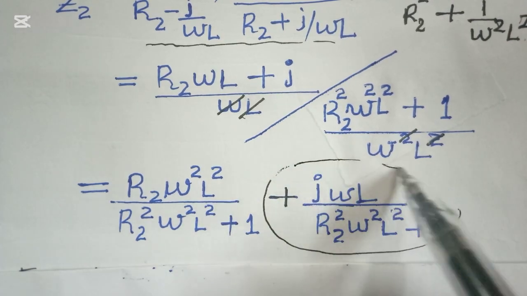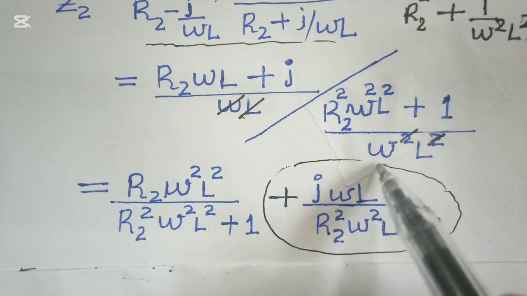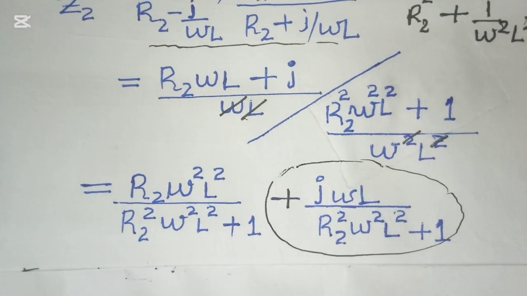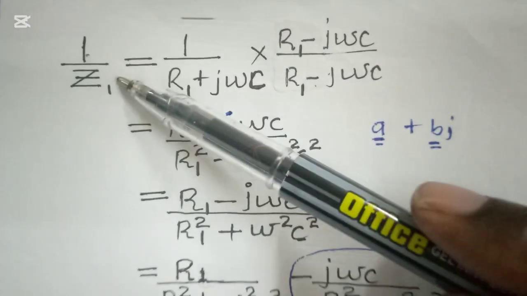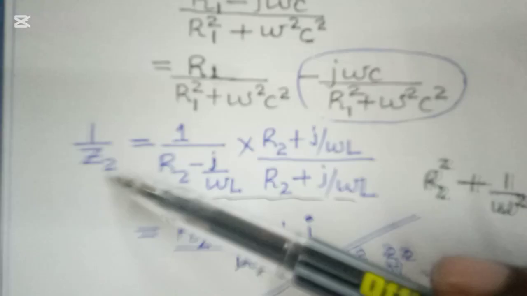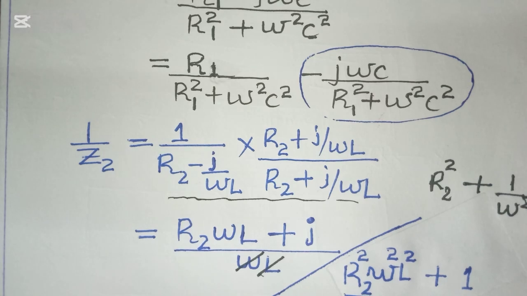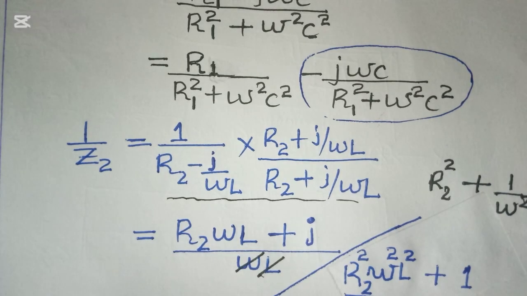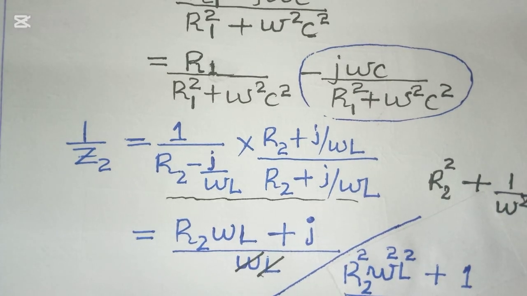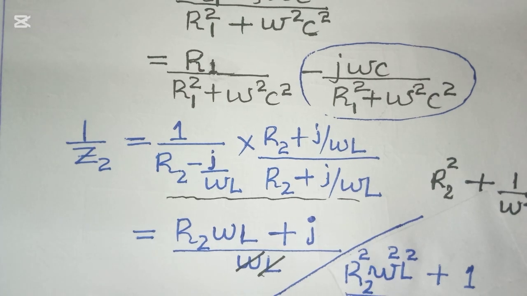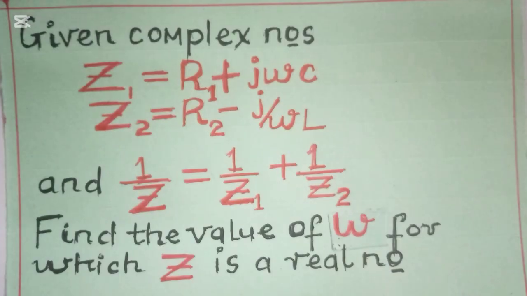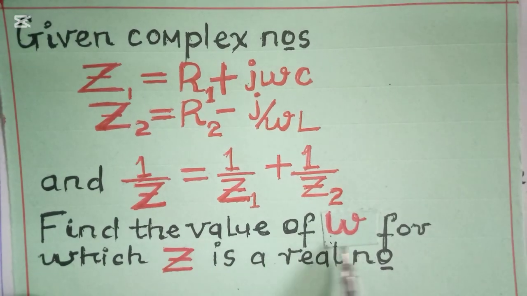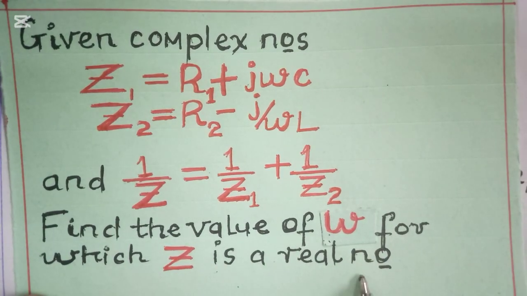This imaginary part is the one we are going to add together. Remember, we are told that this equation is formed after adding 1 over z1 plus 1 over z2. We are told that z is a real number. So we shall have, I read, find the value of W for which Z is a real number.